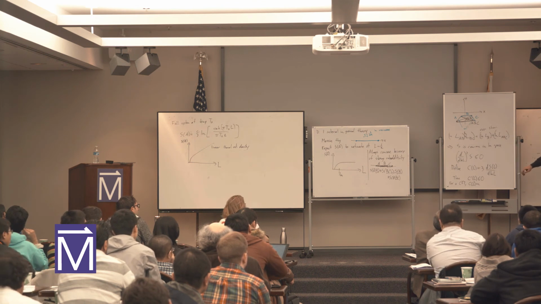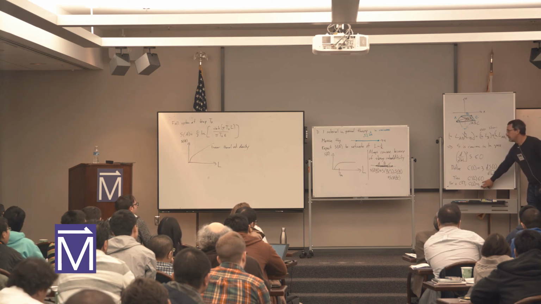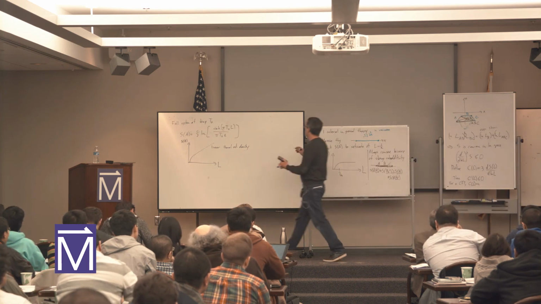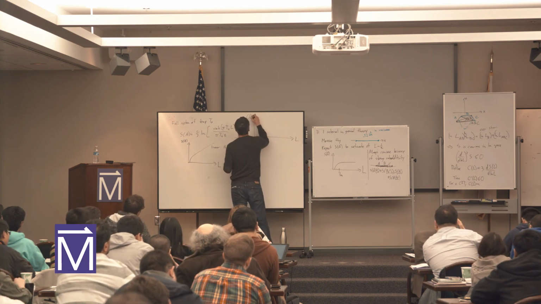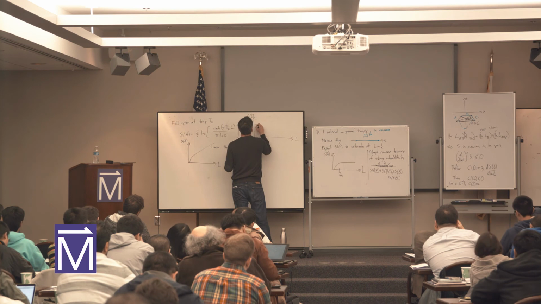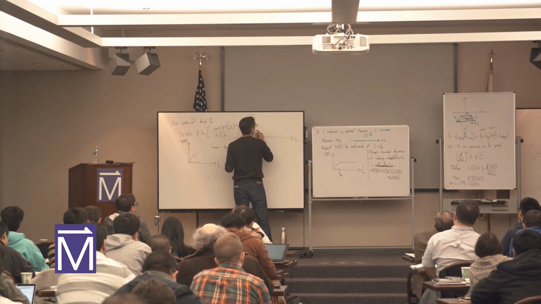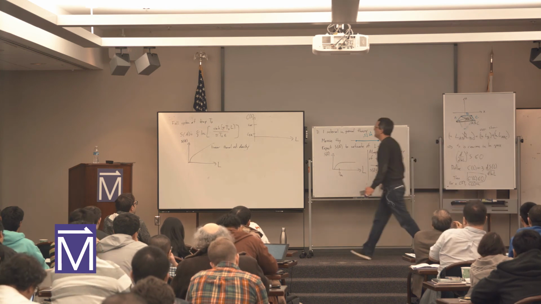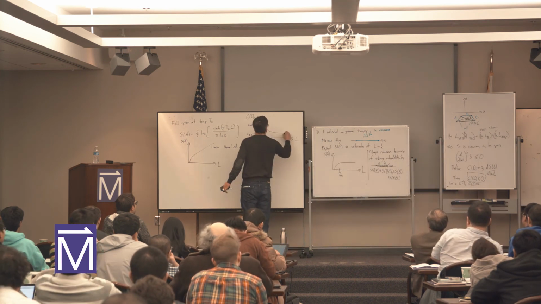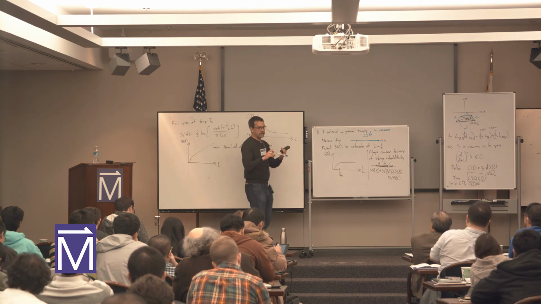Therefore, this function will interpolate between the UV value of C and the IR value of C. So if I plot capital C of L, it'll go from C of the UV fixed point down to C of the IR fixed point. And the theorem tells us that in between it has to decrease. And so this is the C theorem, proven using strong subadditivity and relativity.